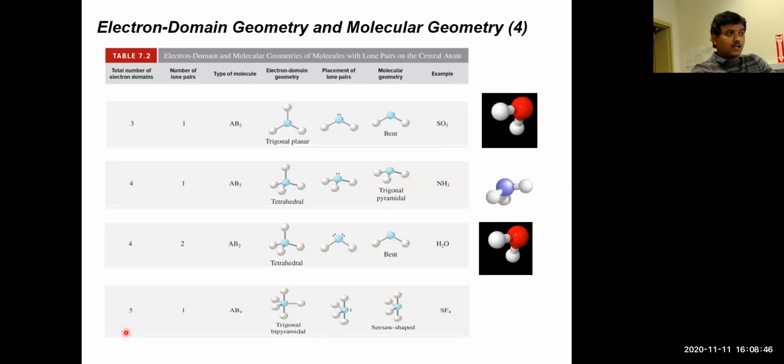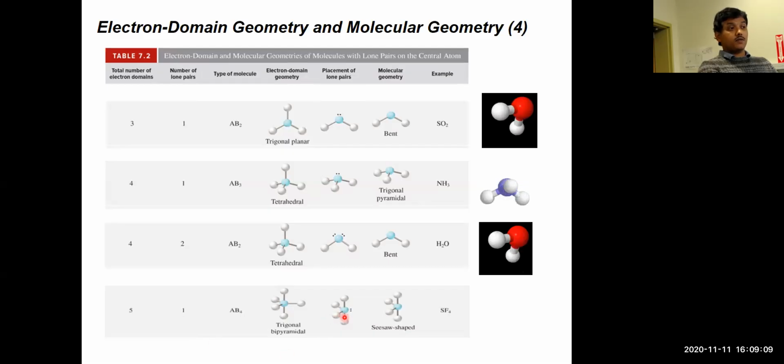The central atom has 5 electron domains with 1 lone pair. So the type of molecule is going to be AB4. Because of the 5 electron domains around the central atom, the electron domain geometry is going to be trigonal bipyramidal, because there are 5 of them, right? However, out of 5, one of them is a lone pair.